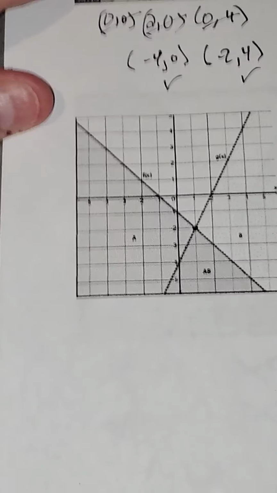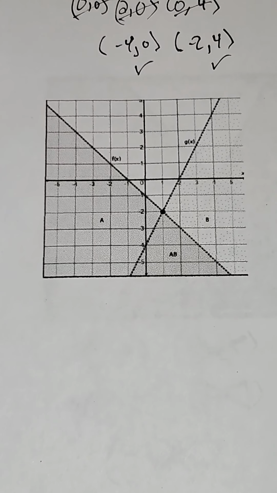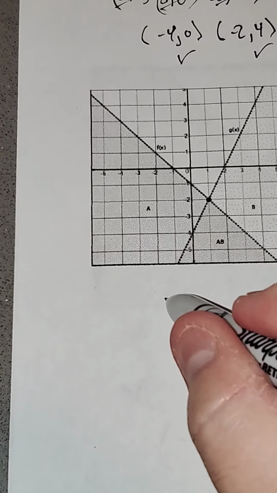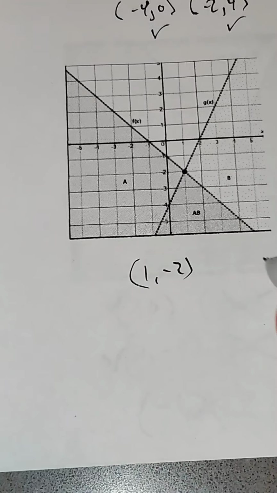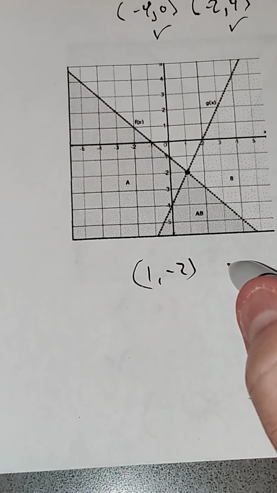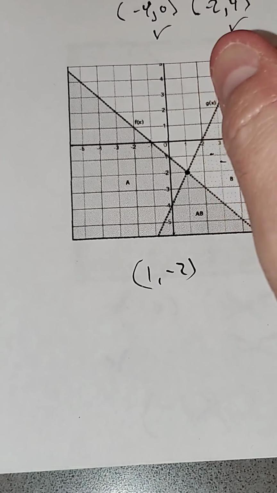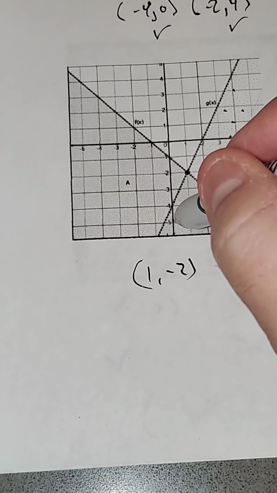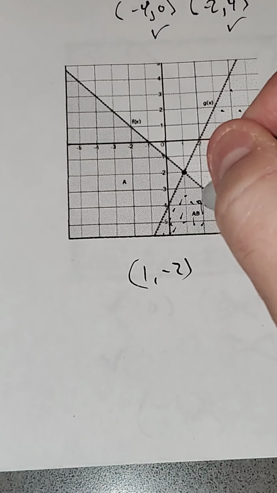Okay, here we go. All right, I'm going to give you only a few points this time. How about (1, -2)? Hey, by the way, these are dots, and you can't hardly see it, but this is a shading and a dot. And this is your double shaded dot region.